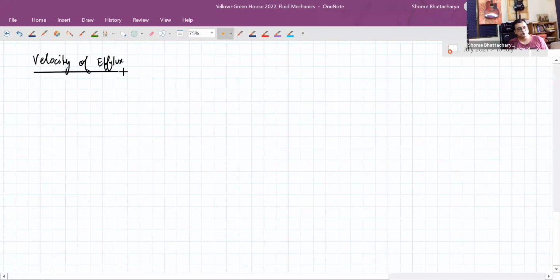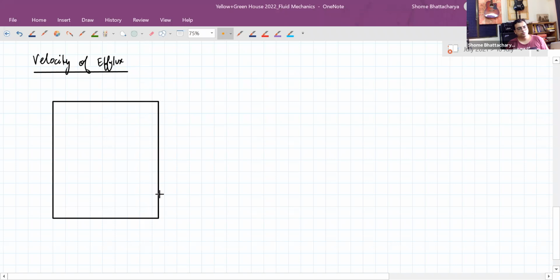So when we have a large cross-sectional area kind of tank, and there is a small opening, or what is called an orifice, somewhere near the bottom of the tank, then liquid comes out like a thin jet. Okay, and that process is called efflux, the opposite of influx. So the speed at which the liquid is coming out, that is called the velocity of efflux, or speed of efflux.